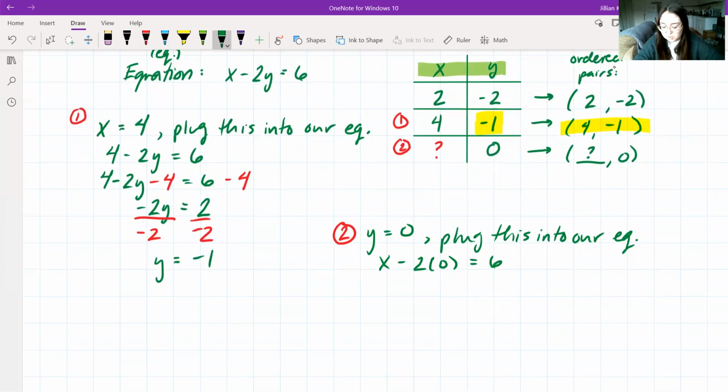Well, 2 times 0 is just 0, so we have x minus 0 is equal to 6, where x minus 0 is just x. So we get that x is equal to 6, and we can fill this into our table here. So now we have 6, which means that our ordered pair is going to be 6, 0.